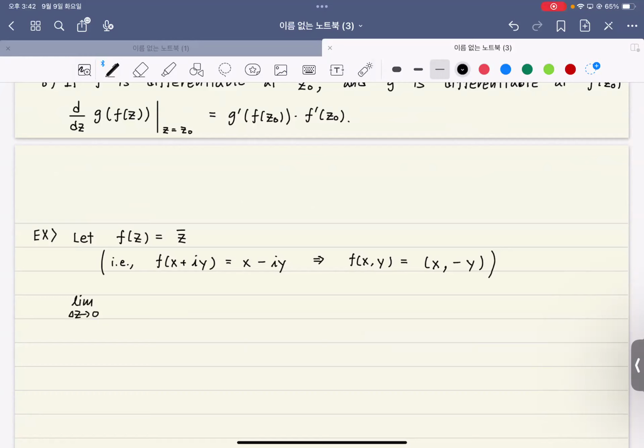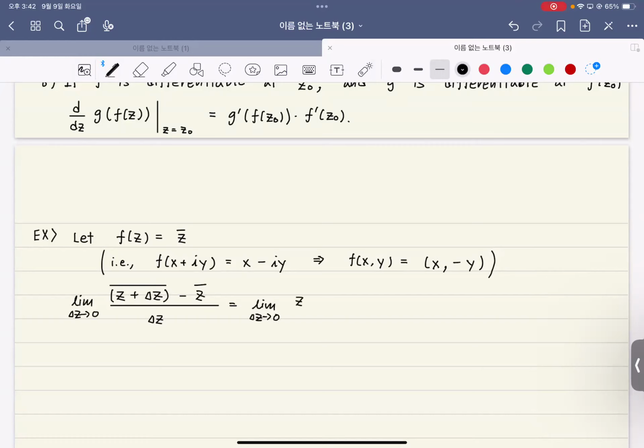According to our definition of the complex derivative, we will need to consider this limit: the conjugate of z plus delta z, minus the conjugate of z, and everything divided by delta z, right? And the complex conjugate is linear.